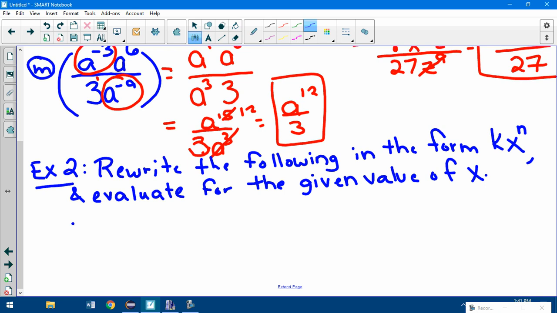And I'm going to start you with 2x cubed times 5/4 x to the negative first.